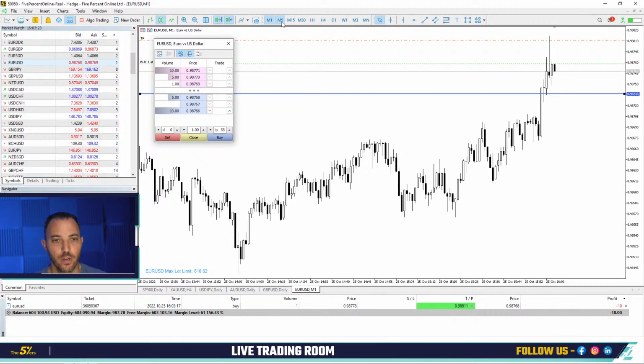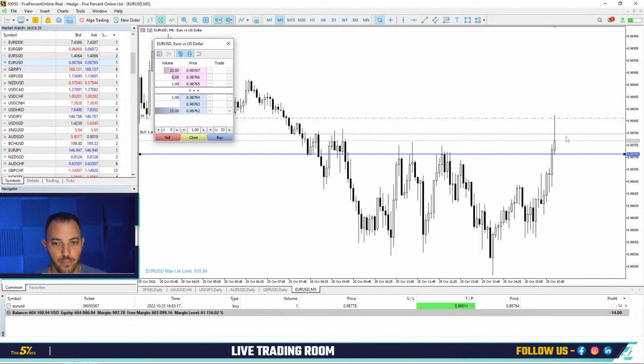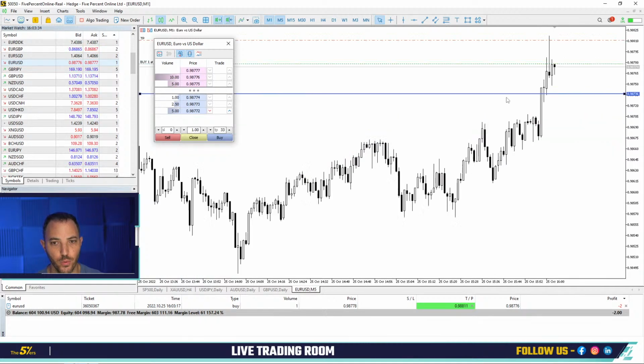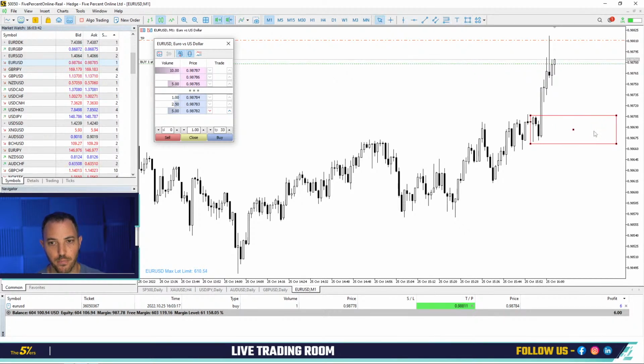On a 5-minute chart, we see how we're trying to pick up momentum. There will be some resistance here, but I think buyers will come in. Now on the 1-minute chart, let me get rid of this line, we see a breakout of this potential demand area being formed right in front of us.